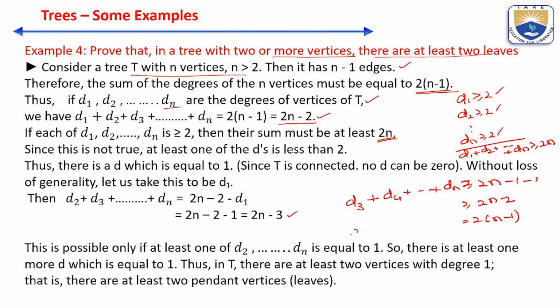So here I am considering the degrees d1 and d2 of these two vertices. The degrees of these two vertices must be equal to 1. Then only this is going to be true.